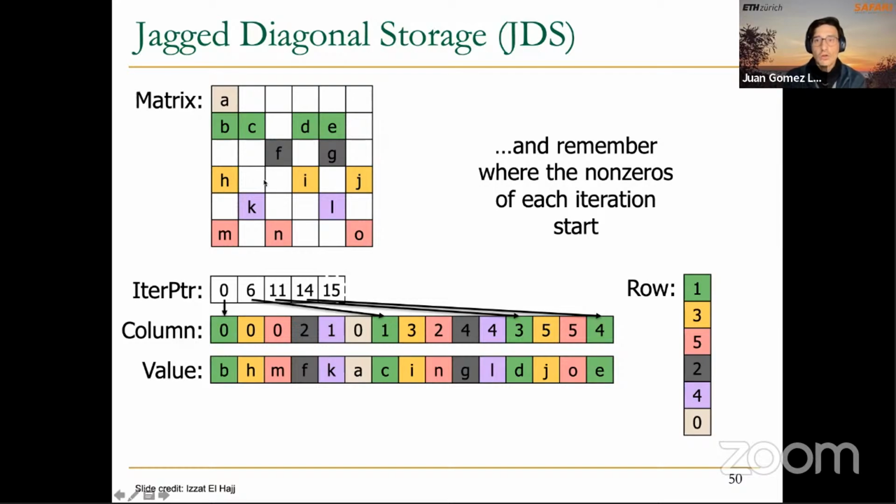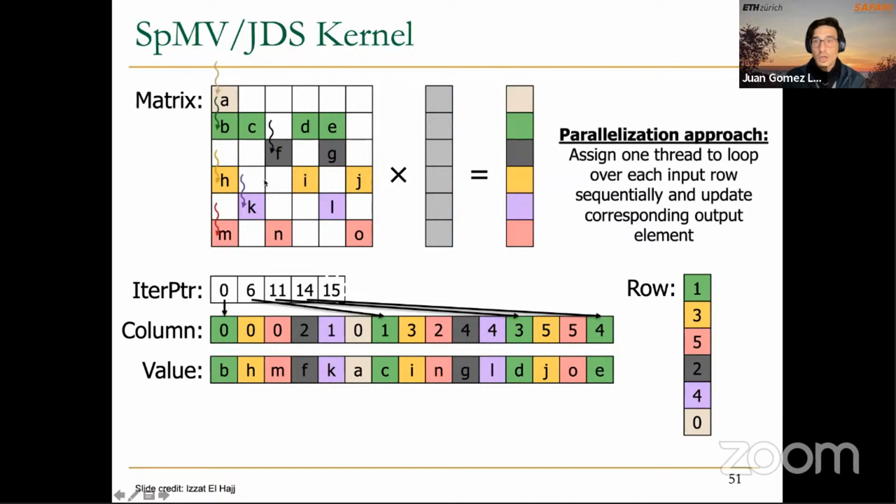Because we are going to assign, same as before, threads to rows. The threads that are computing need to know exactly where to go when performing the next iteration of the algorithm, that is, when moving to the next element of the row. Notice that we didn't need this iteration pointer in ELL, because in ELL we are padding all the rows.